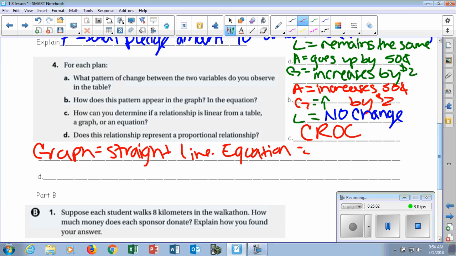What's that equation that we always use for a linear line? Do you remember it? Y equals something. For a linear line, we have a slope. So how do we represent that slope in a linear equation? Remember that variable that we use? What does it look like when we have a slope? What variable do we use?